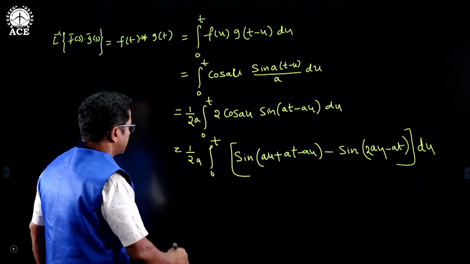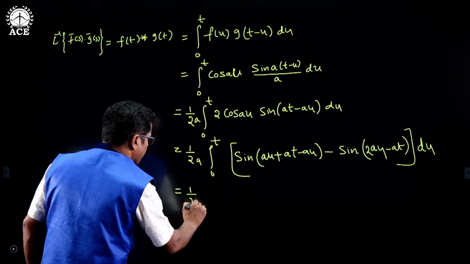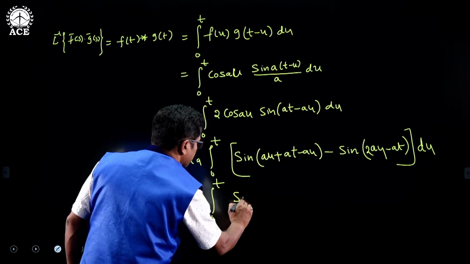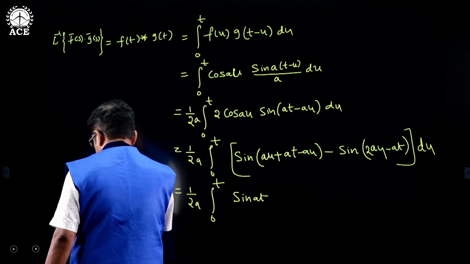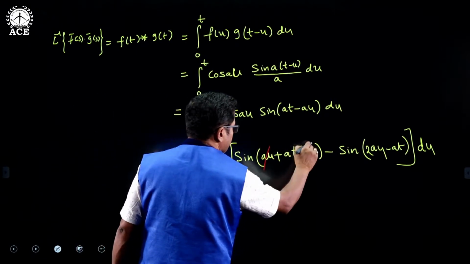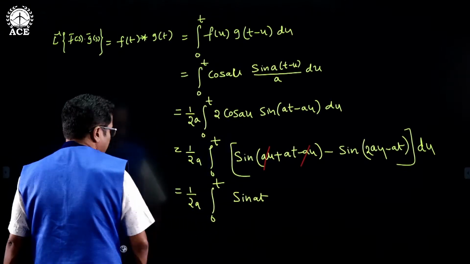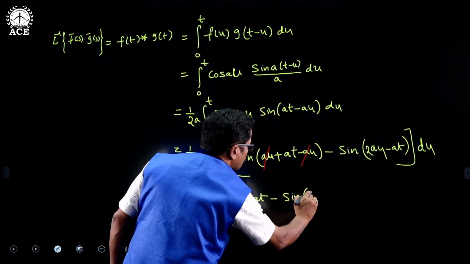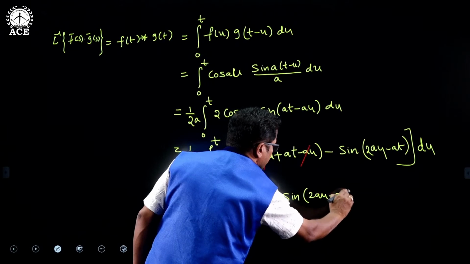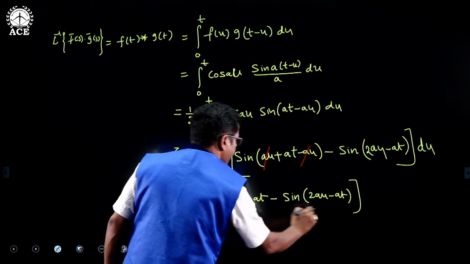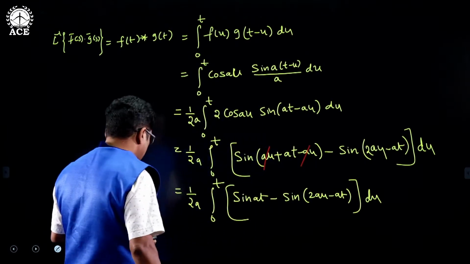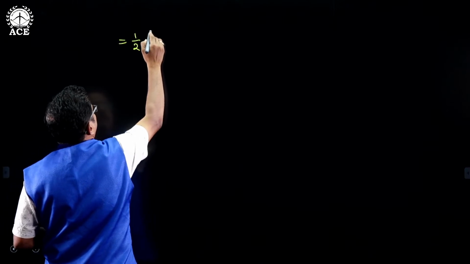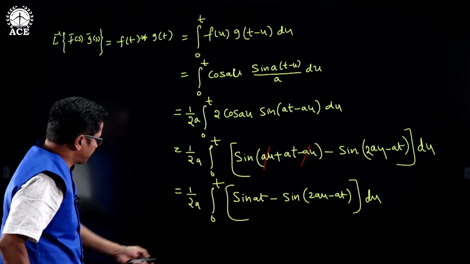That formula I applied. So this is equal to 1 by 2a into integration from 0 to t of sin at minus sin of 2au minus at, into du, since au minus au plus au get cancelled. Now I am going to evaluate the integration.